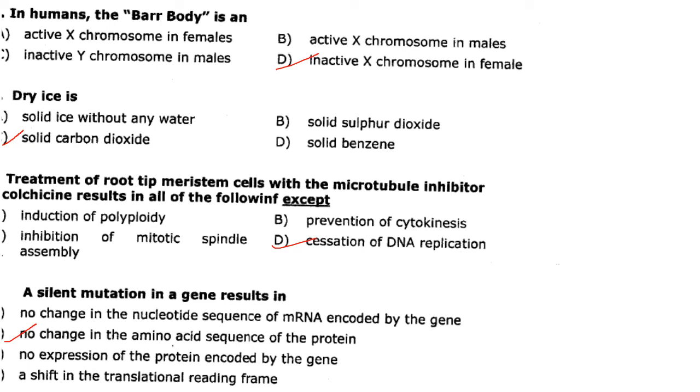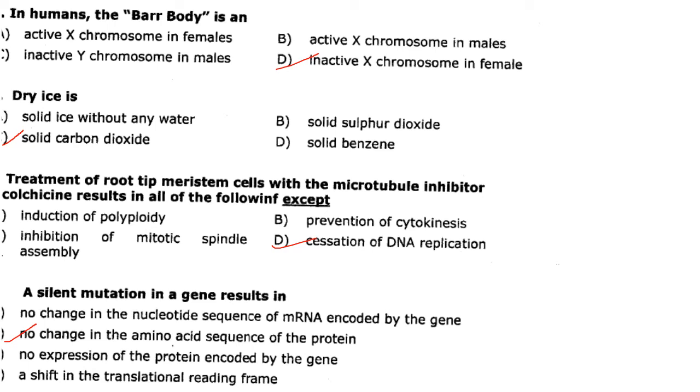So induction of polyploidy, that is true. Prevention of cytokinesis, that is also true. And inhibition of mitotic spindle assembly, that is also true. So answer will be cessation of DNA replication. Colchicine has got nothing to do with DNA replication. So answer is option D.